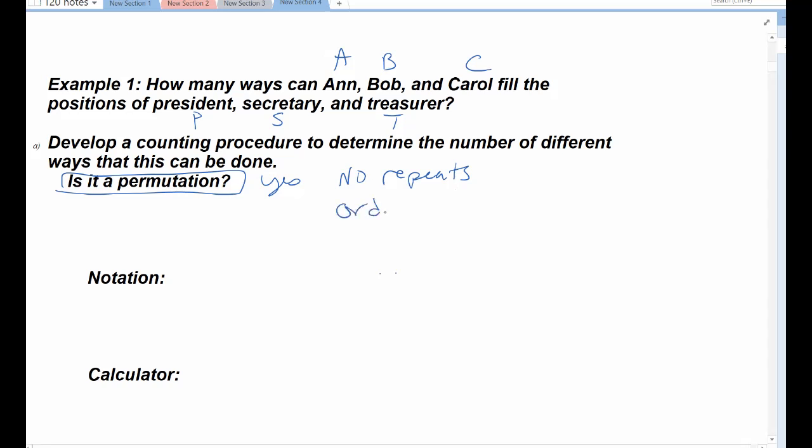Secondly, order is important, because there's a rank to it. Suppose the first position I fill is president, the second position I fill is secretary, and the third position is treasurer. Well, it matters which position you're picked for, because you have a different rank and different responsibilities. So there's a difference between choice 1, 2, and 3.